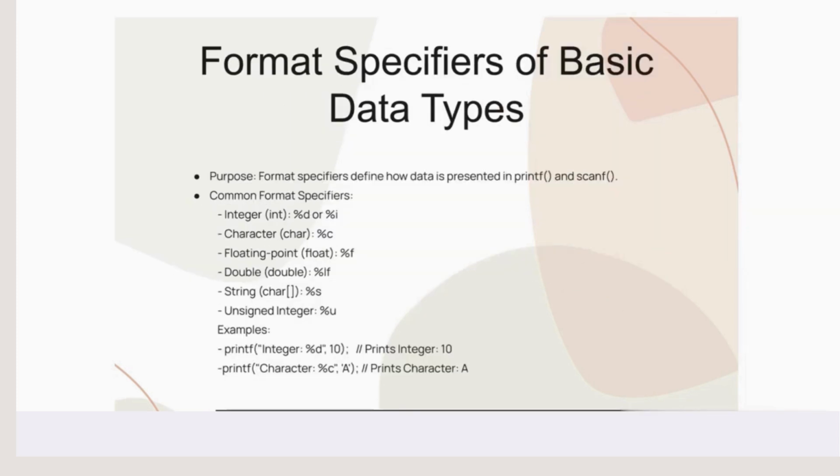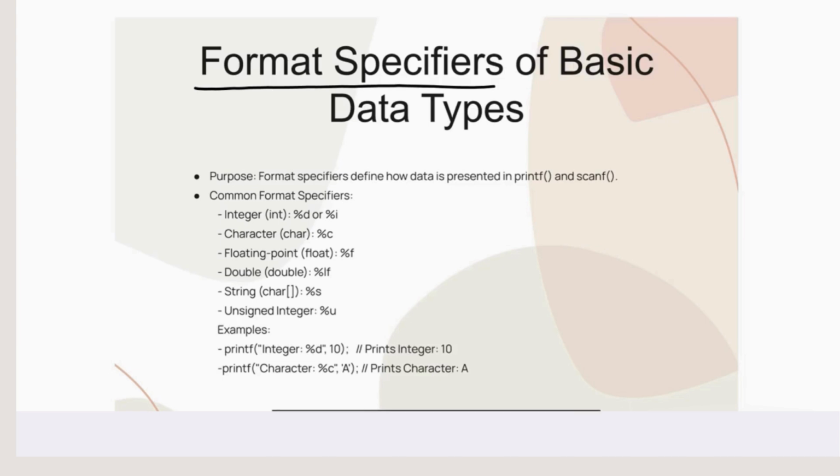When we deal with input-output statements in C, we use format specifiers in printf and scanf statements. In the previous lecture, I explained how the %d format specifier is used to print the value of an integer variable.